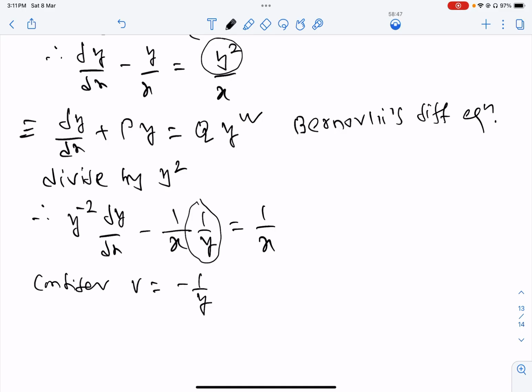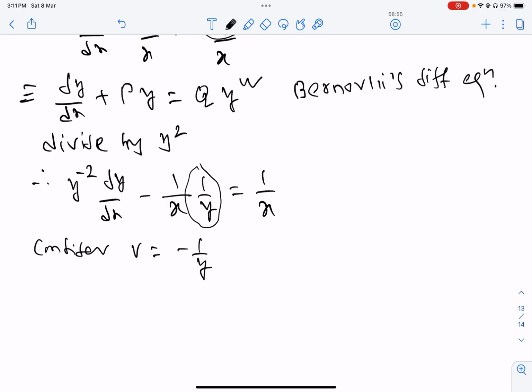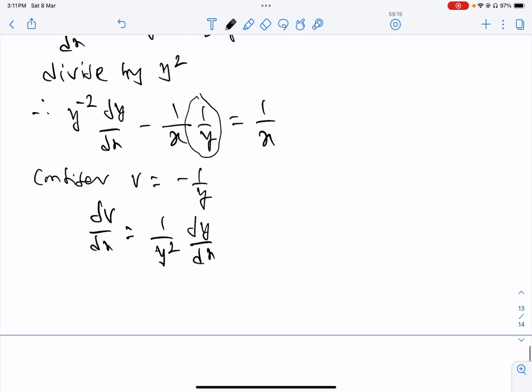You can even take 1 by y, also no problem. Then dv by dx equals, what is the derivative of 1 upon y? Minus 1 upon y square. So that is 1 upon y square dy by dx. So y power minus 2 dy by dx is dv by dx. So let us put it here.